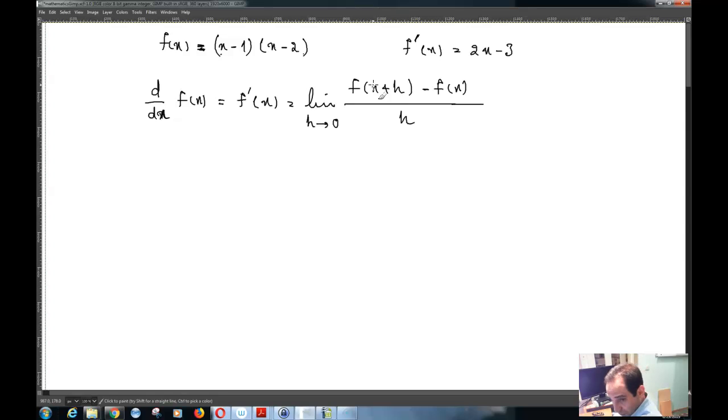So to calculate the value of that function, the value of f of x plus h is equal to x plus h minus 1 times x plus h minus 2.